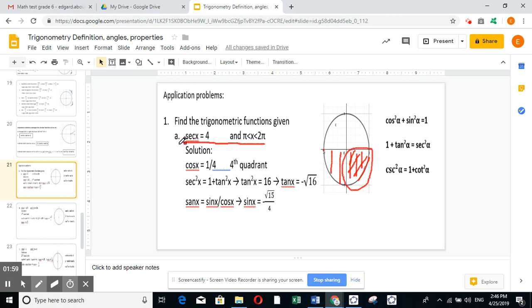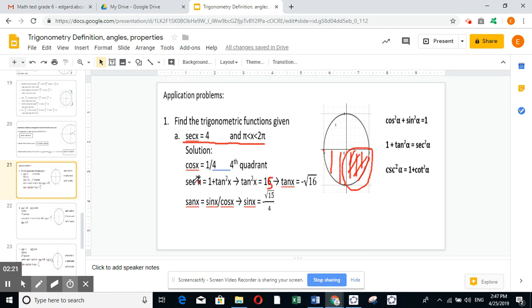They gave us secant, or you can use cosine. You can use this formula to find sine, or this formula to find tangent. I have used the second one; both will lead to the same answer. So secant square x equals 1 plus tangent square x. So I need to find tangent square.